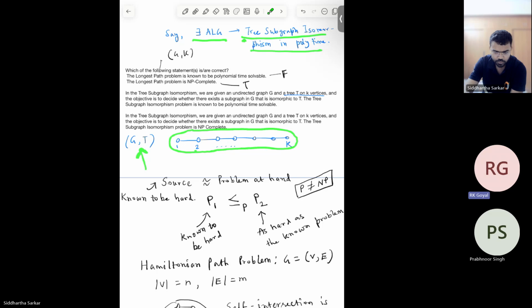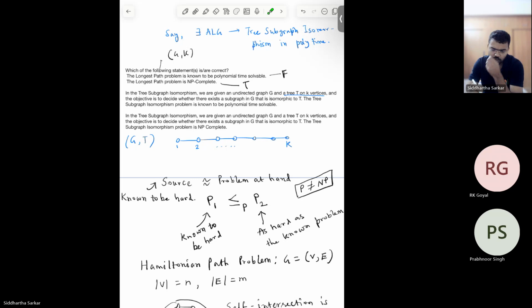This is not clear. Can you repeat this explanation, please? Okay. So what is the tree subgraph isomorphism problem? You are given an undirected graph G and a tree on k vertices. So G comma T. And the objective is to decide whether there exists a subgraph in G that is isomorphic to T. Okay.